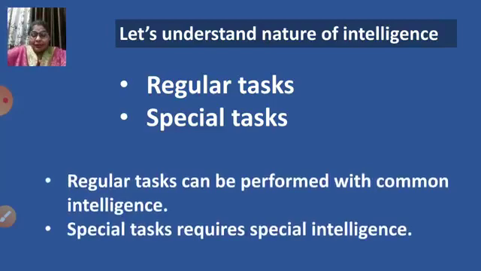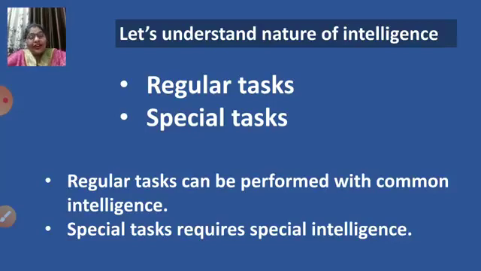For example, regular tasks can be performed with a common intelligence, like playing or brushing your teeth or eating food, anything. These all come under regular tasks, children, and special tasks require some special intelligence, like treating a patient or playing chess.